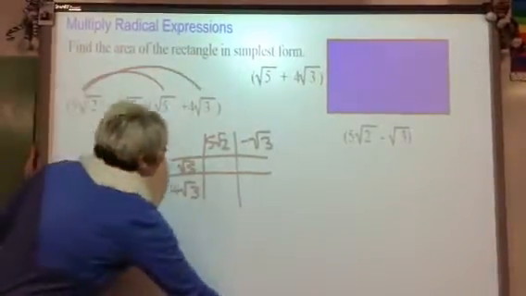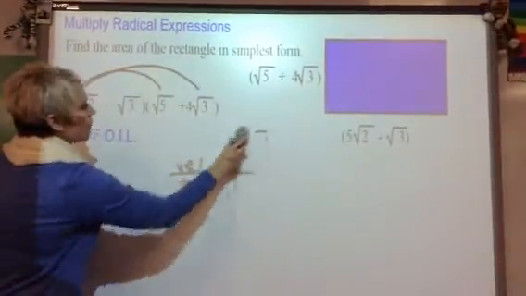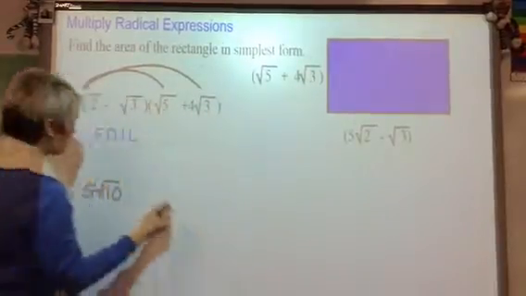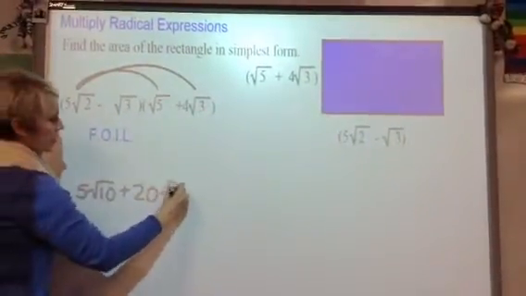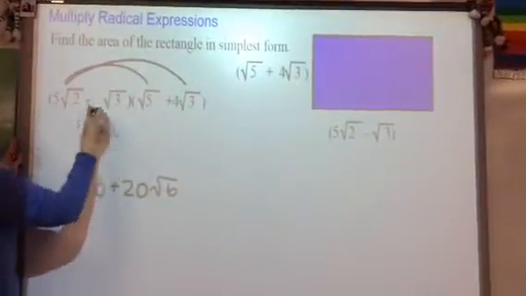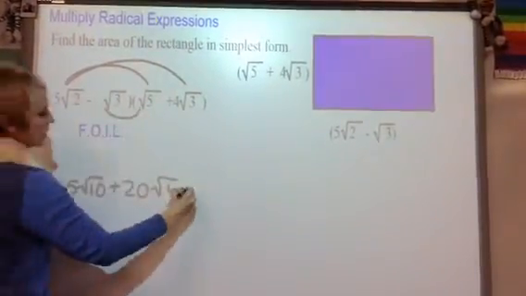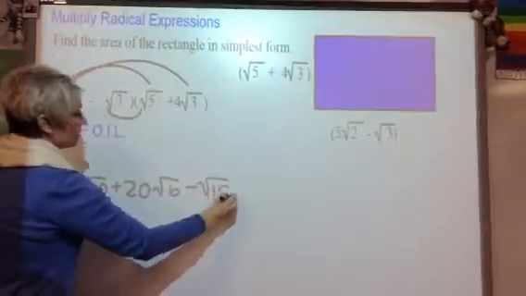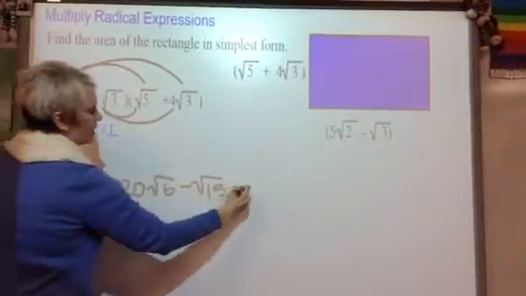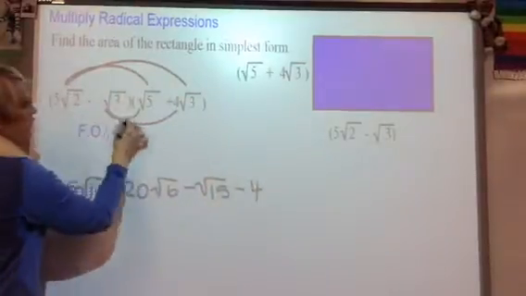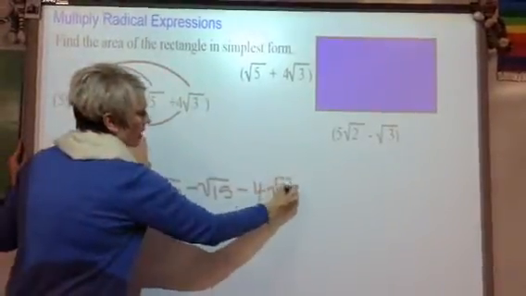Outer, what I have here is 5 times 4 outside, so that would be 20, so that's plus 20, and then radical 2 times radical 3, which is radical 6. Inner, that's negative radical 15. And last, 4 times negative 1 is negative 4, and radical 3 times radical 3 is radical 9.